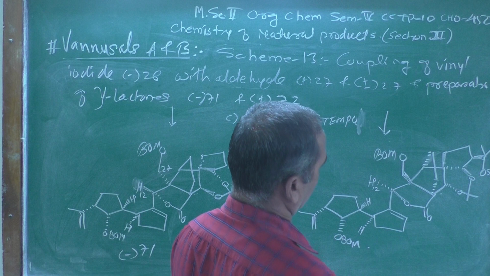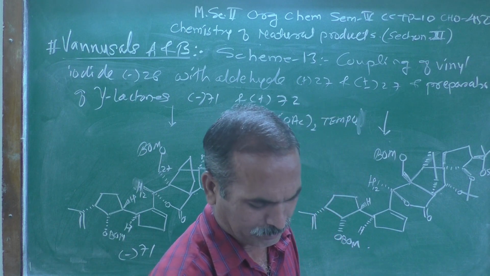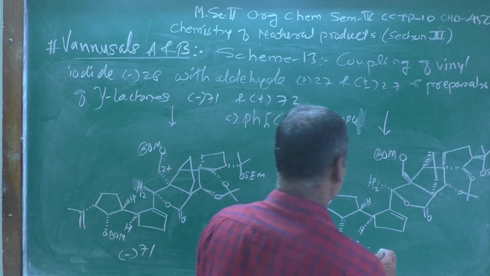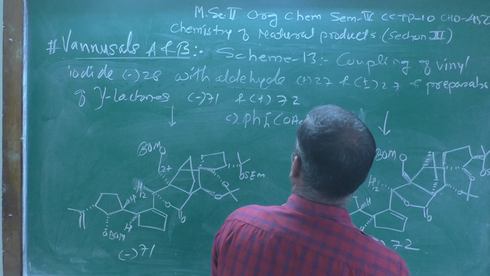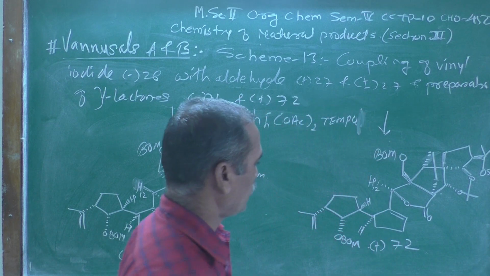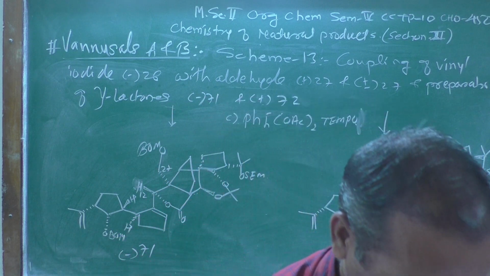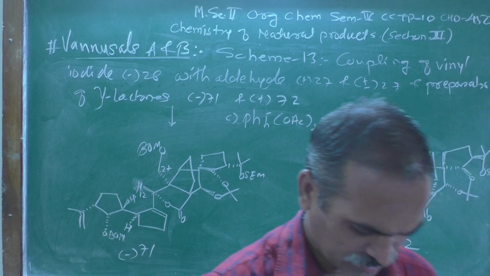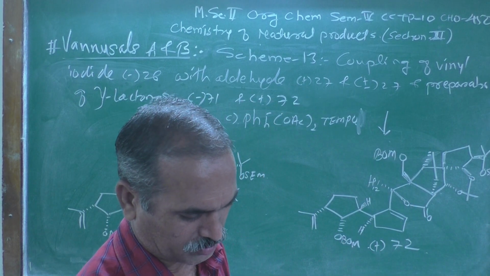This is the structure, and this structure is nothing but plus 72. So, this should be the plus 72 structure which we have got over here.